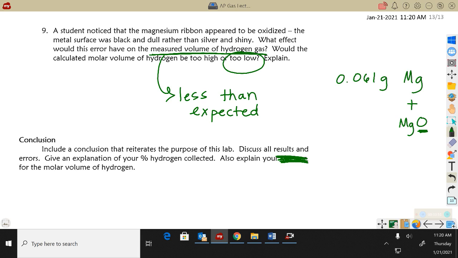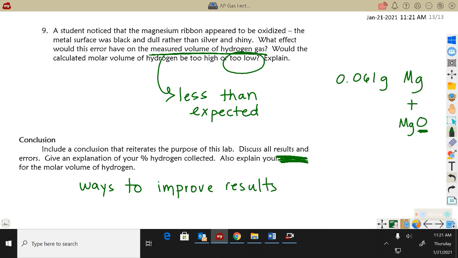The other thing that's good to write about in a conclusion is ways to improve the results. Obviously, running multiple trials is always a good thing. Multiple trials might confirm our data.